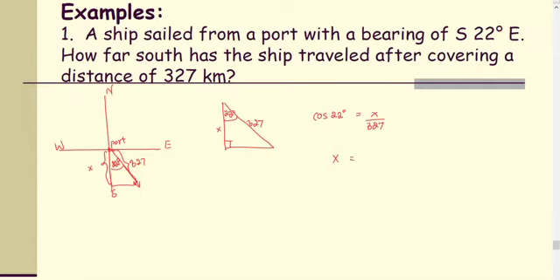Compute x by multiplying both sides by 327 to get 303.19, which is approximately 303 kilometers. That is how far south the ship has traveled.